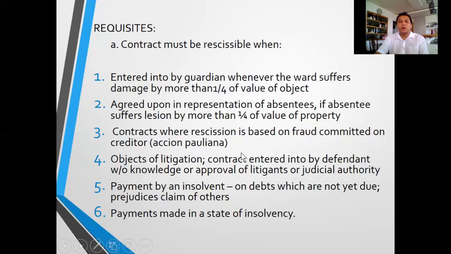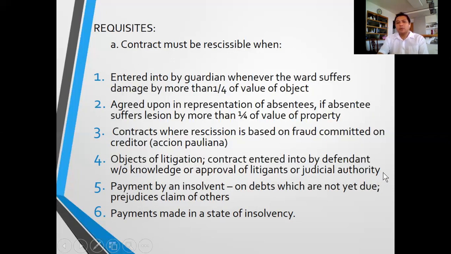Number three, when contracts are entered into to defraud creditors. So a party enters into a contract in order not to pay his creditor. We will discuss this further in the next slides.